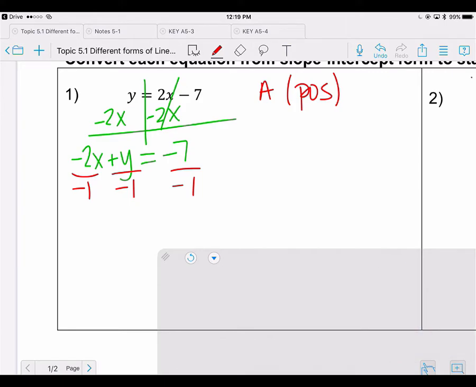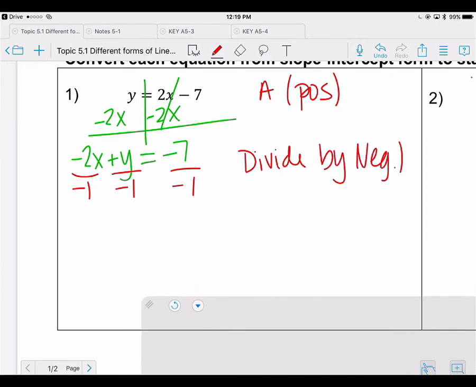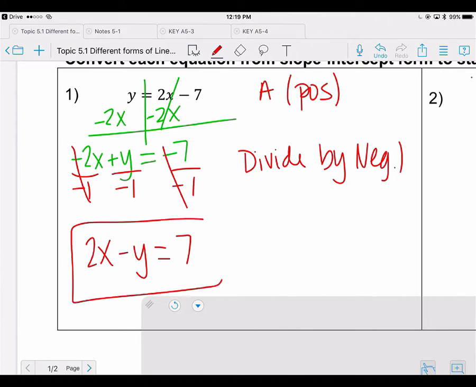Whereas if I change everything by the same thing, then this problem is the same. So we divide by a -1 to change all of my signs. So my x is a positive 2x, y is a -y, and then a positive 7. That is my answer, where a is positive, x and y are on the same side, and my number is on the other side, and there are no fractions.